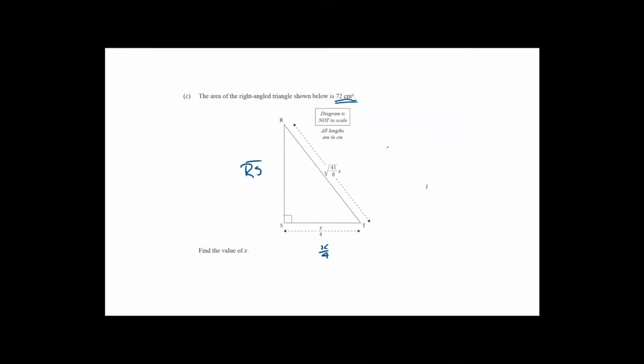So half times the base, which is x over 4, times RS equals 72. They give it to us. Half times x over 4 is x over 8. So x over 8 times RS equals 72. So that means RS times x over 8 equals 72.